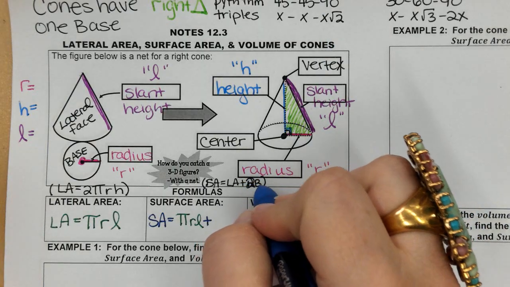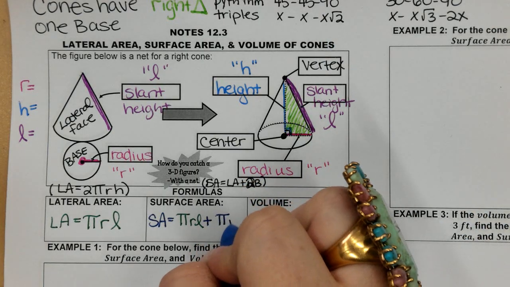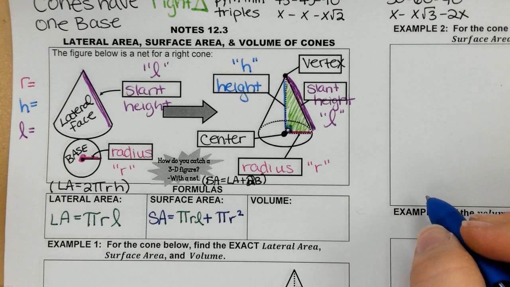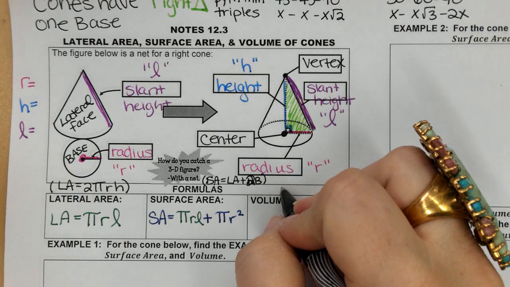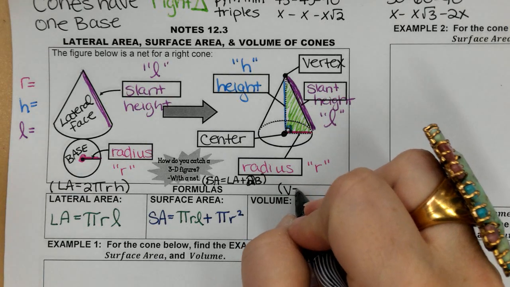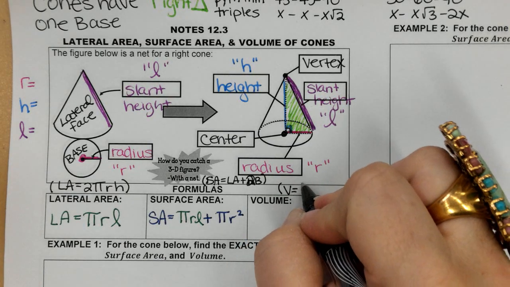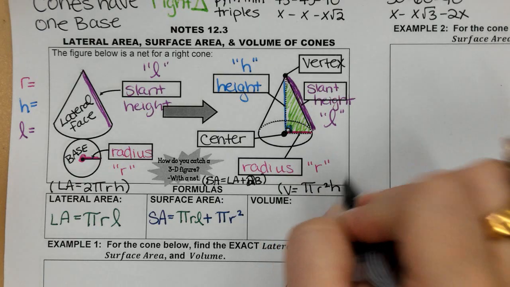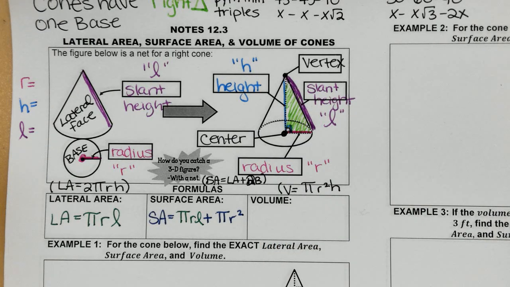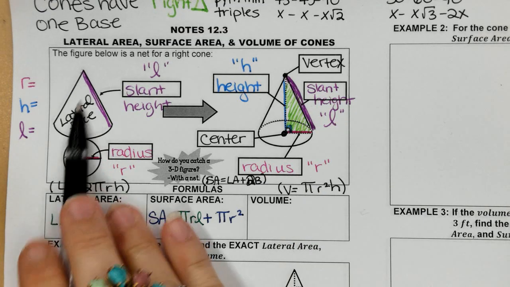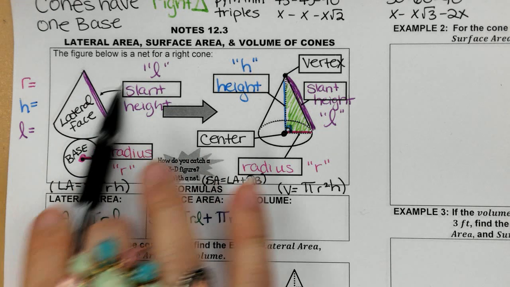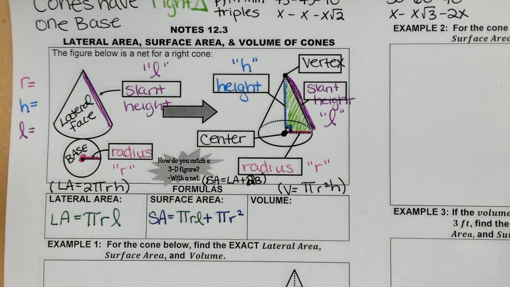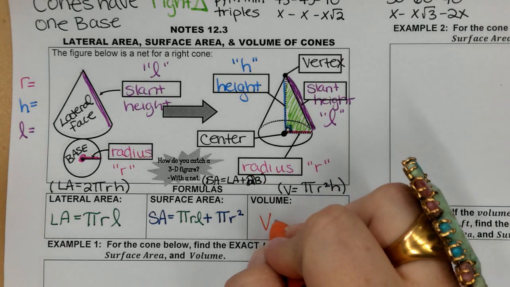So instead of 2 pi r squared, I'm only going to add 1 of those circles, 1 pi r squared. And then volume before was the area of the base times the height. But like we realized over here, a cone doesn't have that extra base up there, so it's not the full volume anymore.